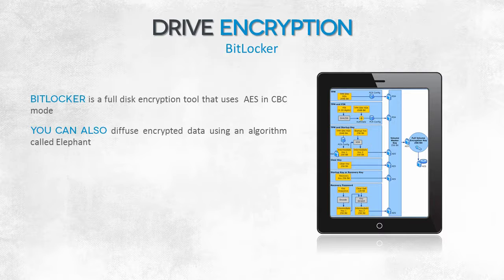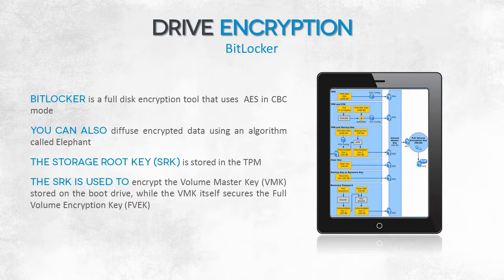Let's go to keys now. We have the storage root key. It's called SRK. It's safely stored in the TPM module. The volume master key, VMK, is encrypted using SRK. The VMK key protects BitLocker's full volume encryption key, FVEK.